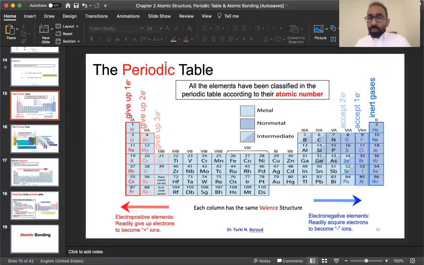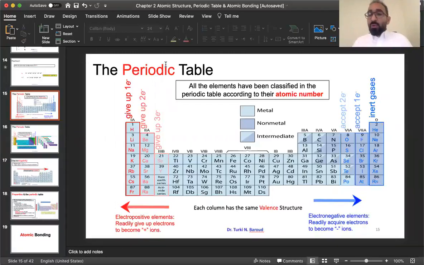What does that mean? The material would like to have minimum energy. Why? Because if the energy of the material increases, the material will not be stable. The material would like to get into any reaction that will help to minimize its energy.